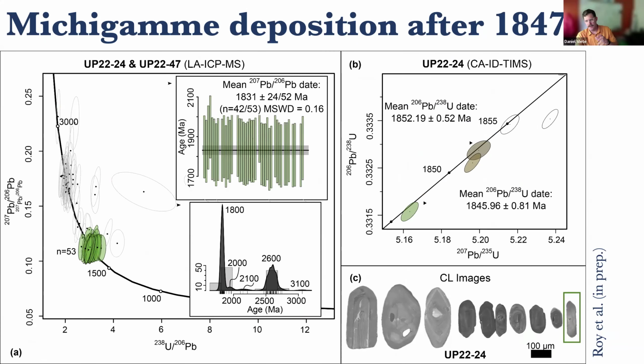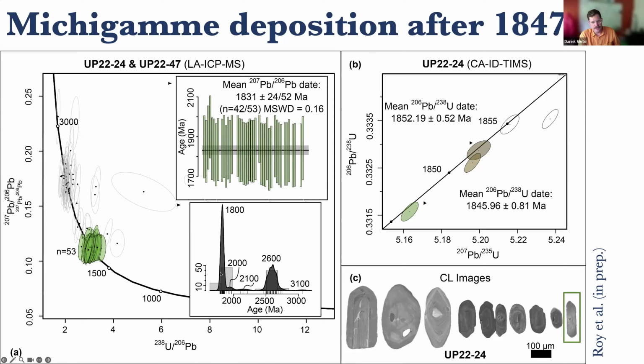In terms of a constraint on the earlier side, the Michigamme Formation deposits have a kind of weird detrital zircon pattern. They have a strong population associated with the local Neo-Archean rocks, which form the basement and are associated with the Superior province at 2600.